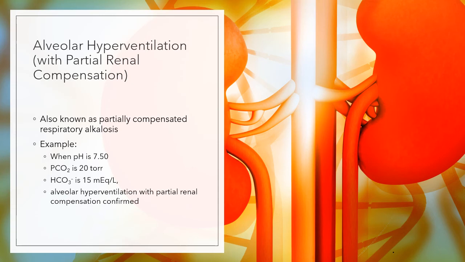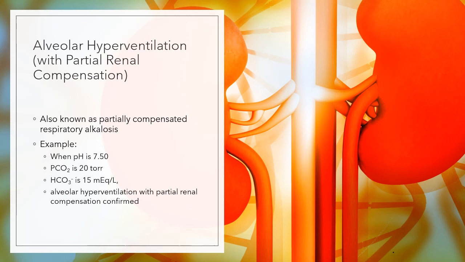Alveolar hyperventilation with partial renal compensation. This is also known as partially compensated respiratory alkalosis. An example of this is a blood gas that reveals a pH of 7.54, a PCO2 of 20 torr, and a bicarb of 15 milliequivalents per liter.